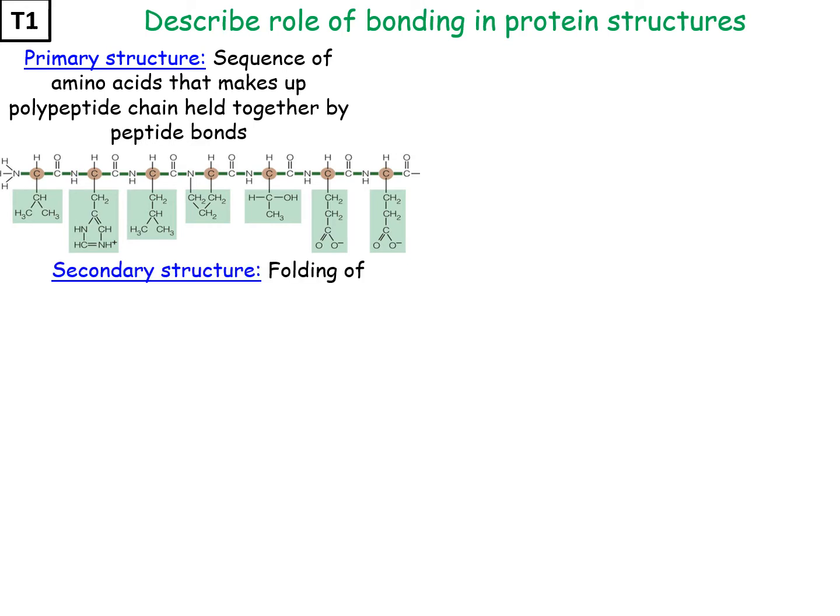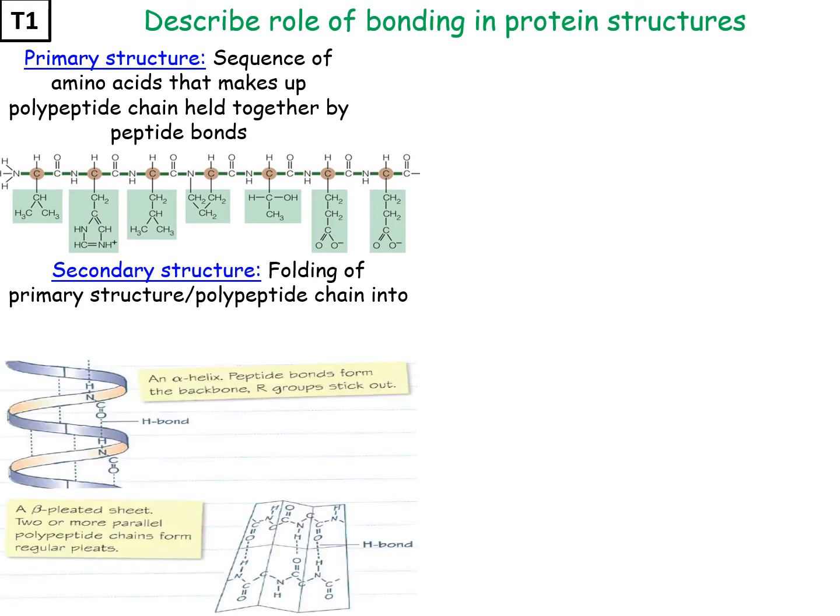The secondary structure is when you're folding the primary structure of the polypeptide chain into two different types of structures. They could be either an alpha helix or a beta pleated sheet, and this is because there are hydrogen bonds between the amino acids that make up the polypeptide structure.